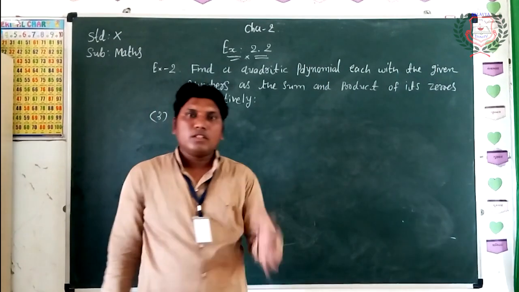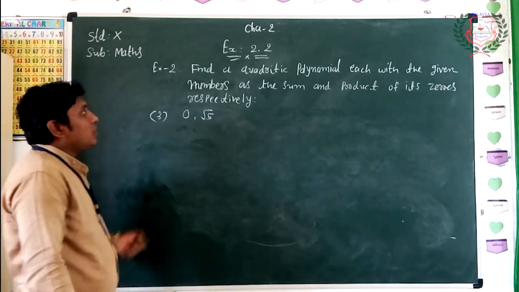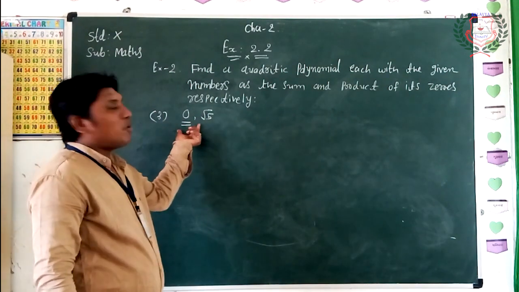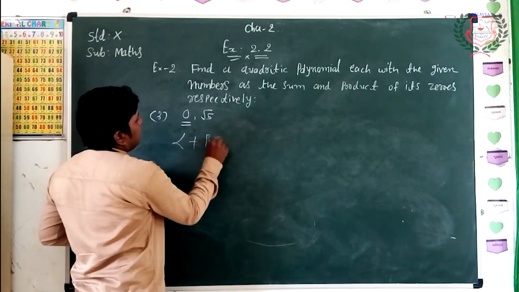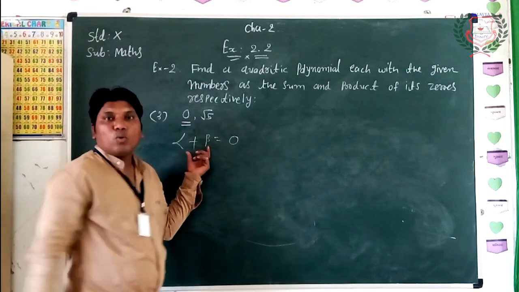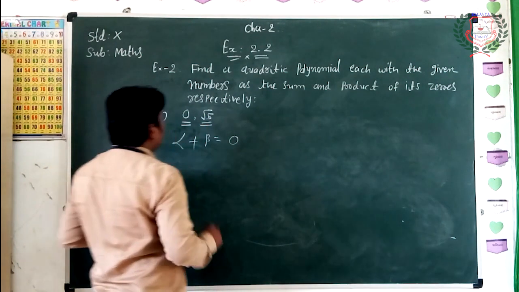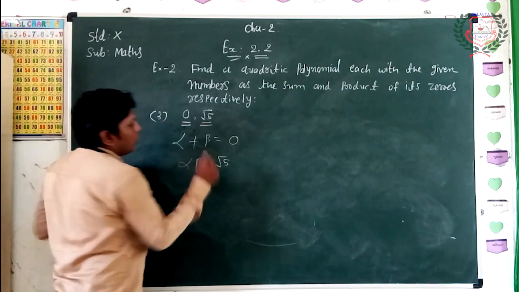Now sum number 3. Here also the sum of zeros is given as 0. So alpha plus beta is equal to 0. And the product of zeros is also given, that means alpha into beta is root 5.